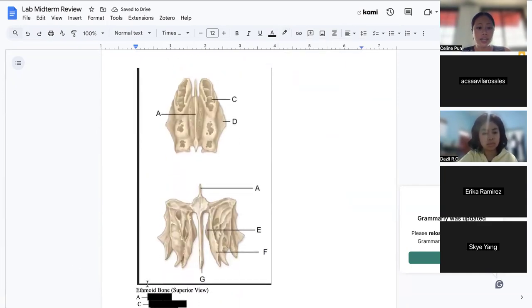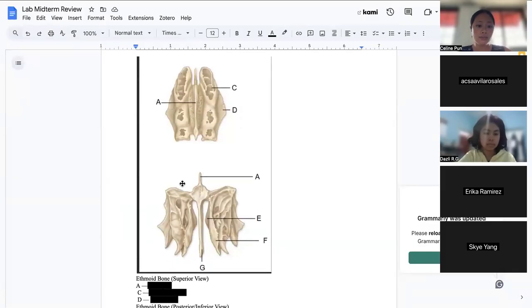Okay, this is your next bone, the ethmoid bone. What is A? This is a superior view, so you're looking at it from the top.